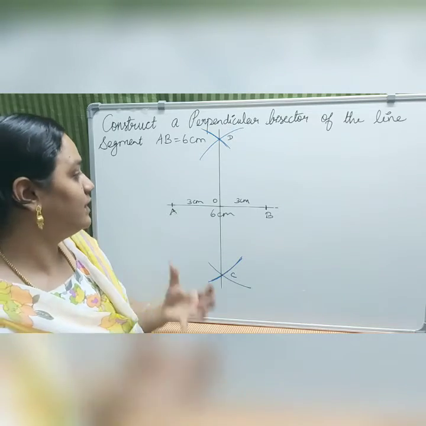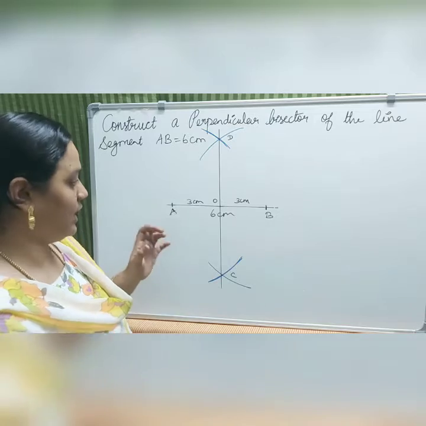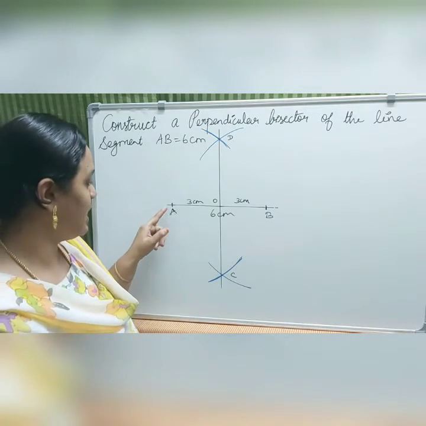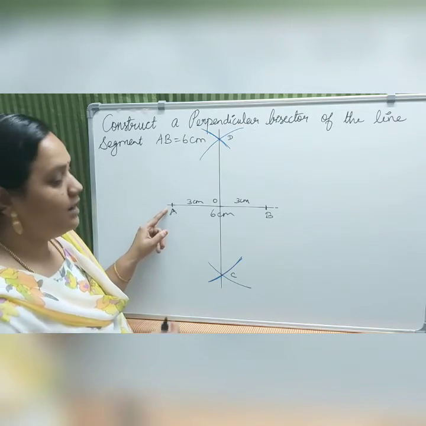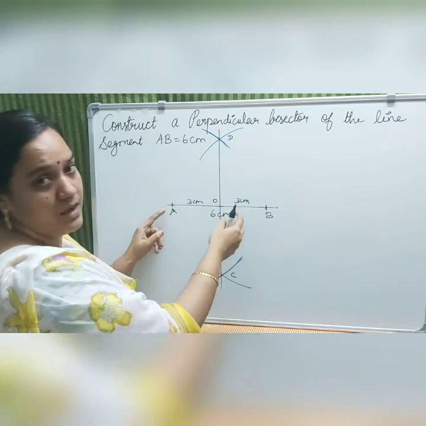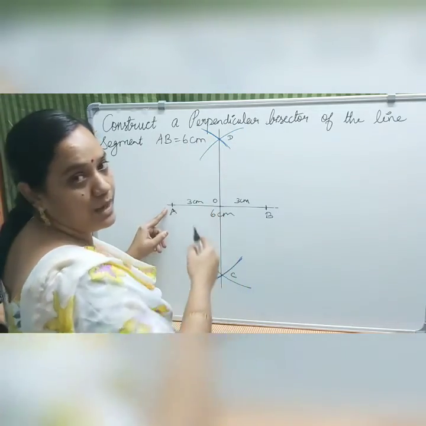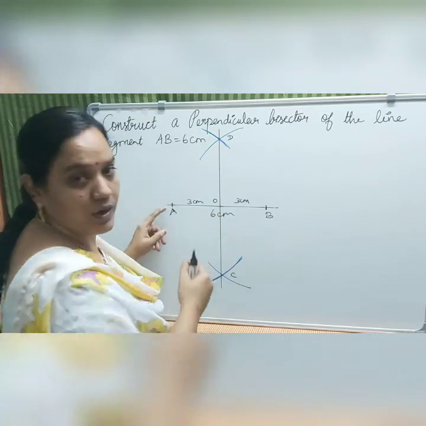Then the next thing is, with A as center, I used my compass and take radius more than half of AB and cut an arc above AB and also below AB.